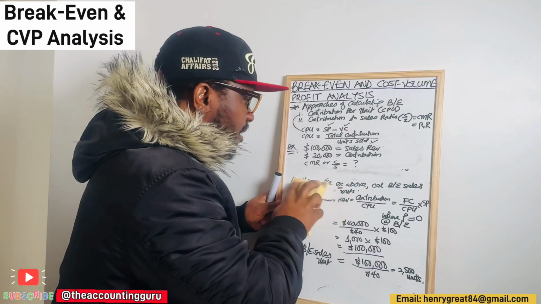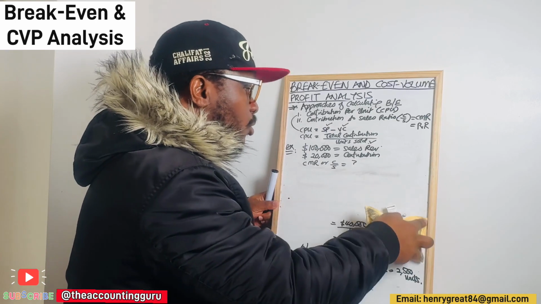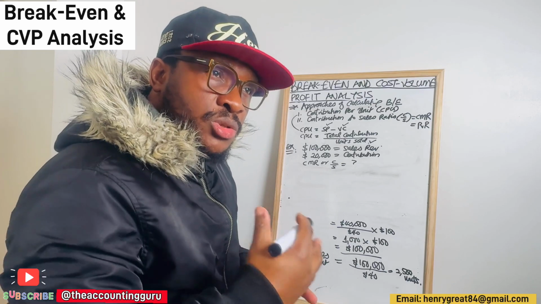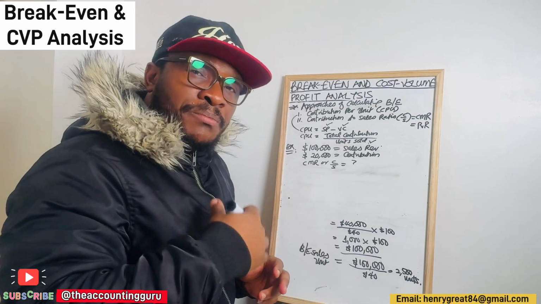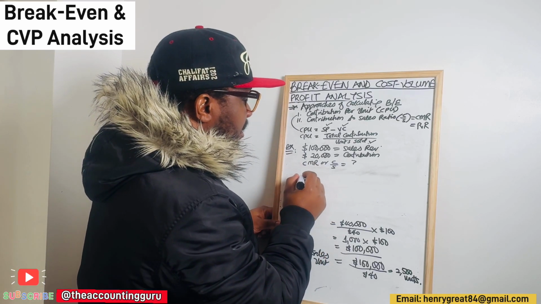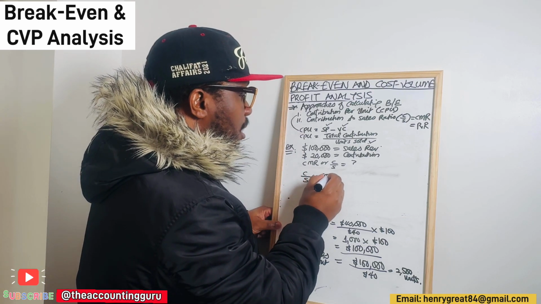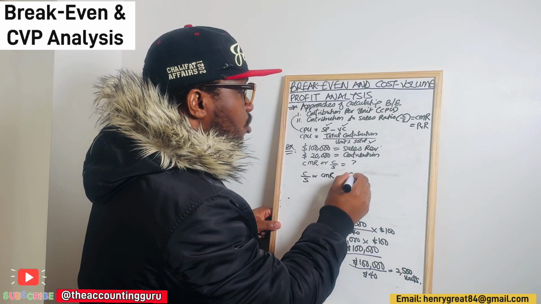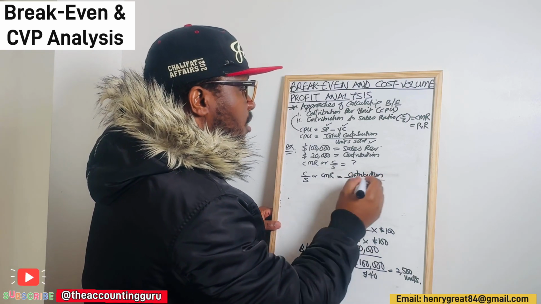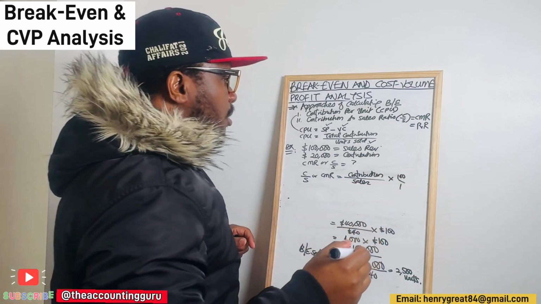How do you calculate CMR or contribution to sales ratio? Please look up. It's what you know. Since we have defined CMR or contribution to sales ratio to be the expression of contribution as a percentage of sales, it therefore means that we can say C over S, which is contribution to sales ratio, or CMR, is equal to contribution over sales, since it is in percentage, times 100.